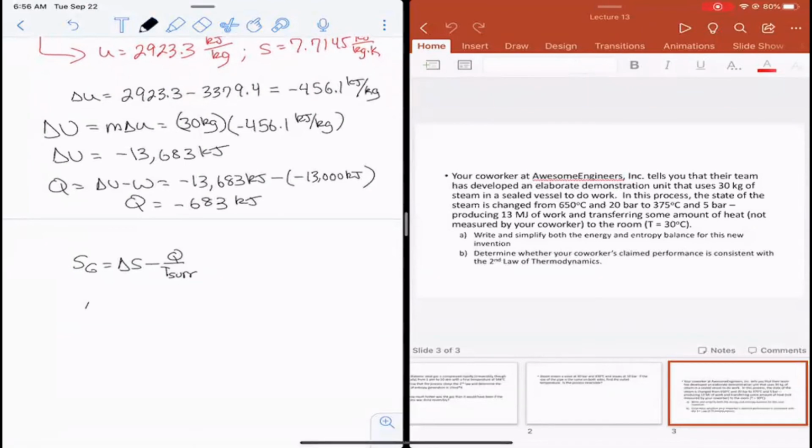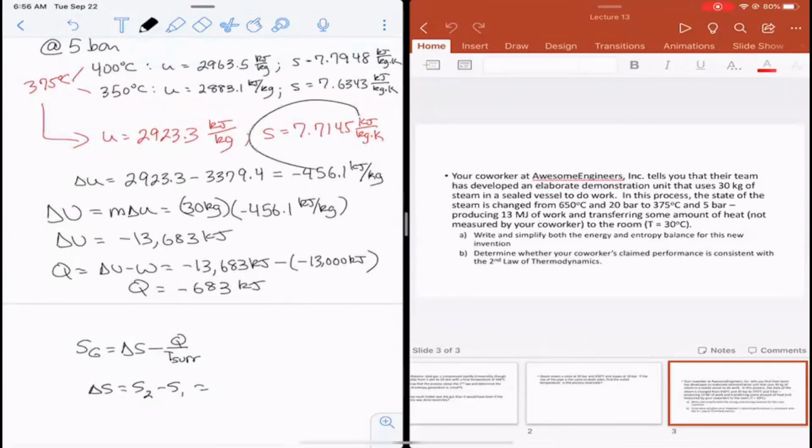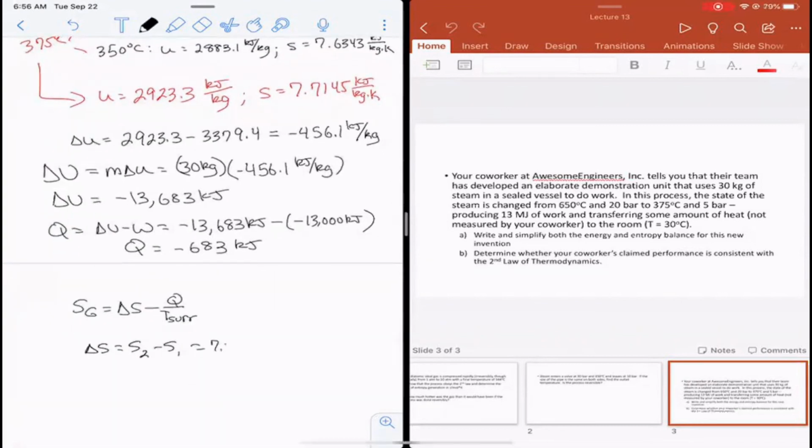So delta S of our system is the entropy in the second state minus the entropy of the initial state. And just like the internal energy, we can take the entropy value from there. So we know that S2 is 7.7145 kilojoules per kilogram Kelvin, then minus the initial entropy, which was 7.8279 kilojoules per kilogram Kelvin.